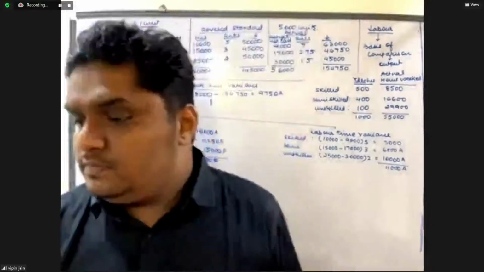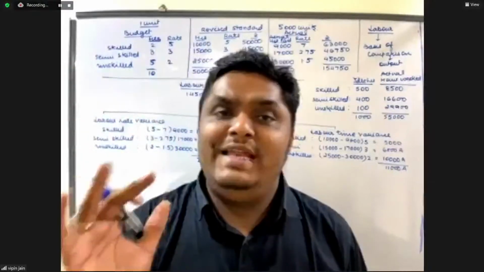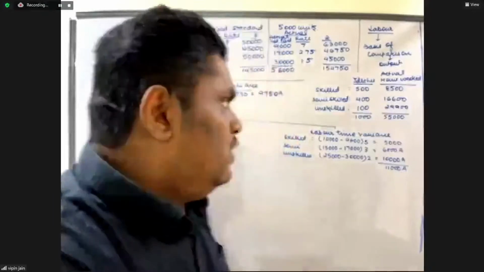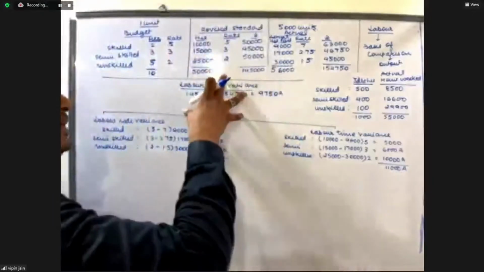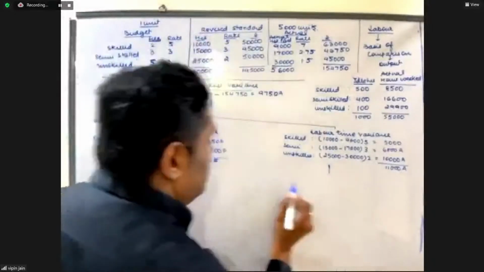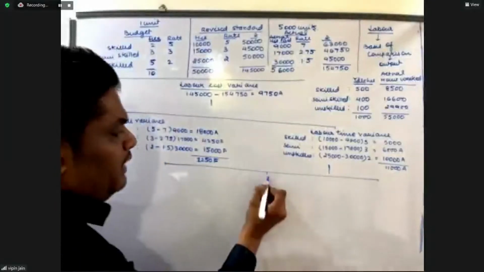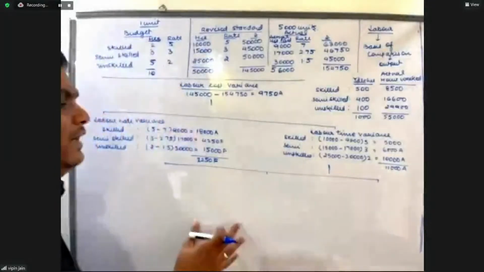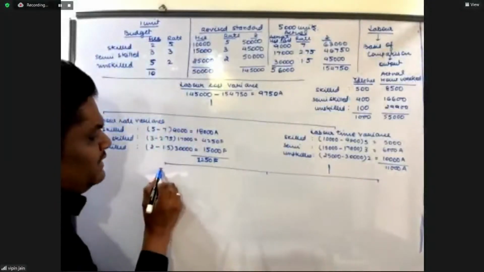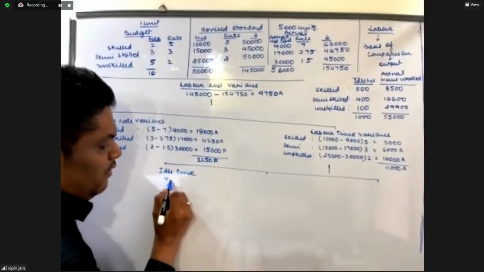So if idle hours are given in the question, then too there will be no impact on cost, rate, and time variance. Now, very important. Herein, instead of 2, we'll calculate 3 variances, that is idle time variance.